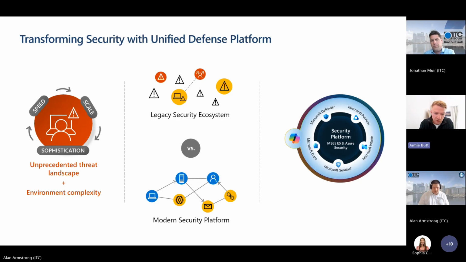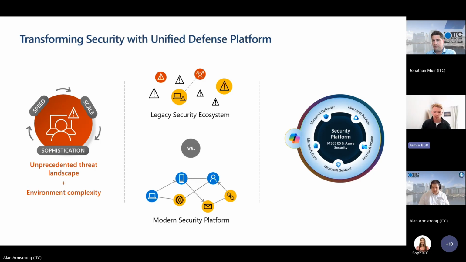So I think we're definitely trying to help customers move to a modern security platform approach. And that's really how we've tried to build our Microsoft strategy over the last few years. So effectively moving you to a network of interconnected security tools that will seamlessly talk to one another. You're going to be able to correlate events across that entire stack, resulting in probably only the high fidelity alerts being pushed through to the SOC.